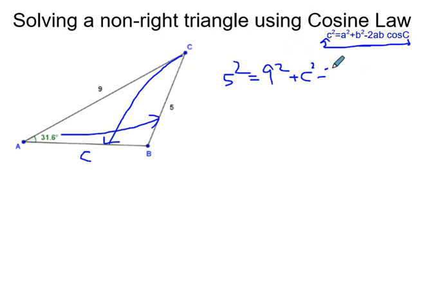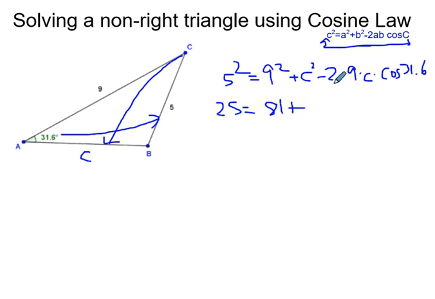9 times C times cosine of the angle that was in front of my 5, which is 31.6. So 5 squared, well, you know that's 25. 9 squared, you know that's 81.